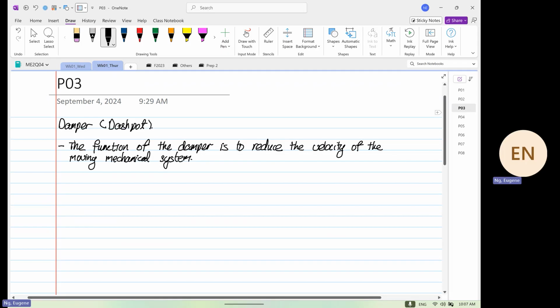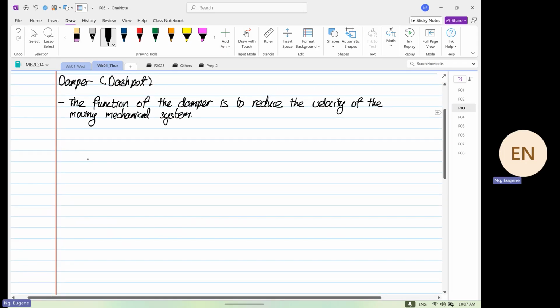So what you see in a dashboard, what does it really look like? Is you have a cylinder in 2D, okay? And then you have what? You usually have a piston, and then you have what?